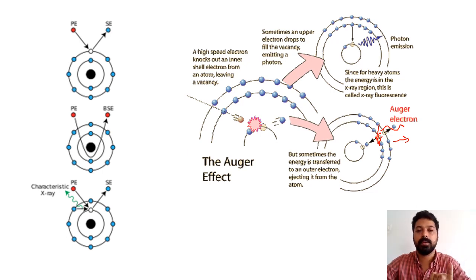Backscatter electrons will be higher in concentration than secondary electrons and auger electrons. Both X-rays and auger electrons will be less in quantity than secondary electrons. This auger electron can be utilized for elemental analysis, because different electrons have different attachment with the nucleus, so the energy release will be different for different atoms, and that can be used for elemental analysis.